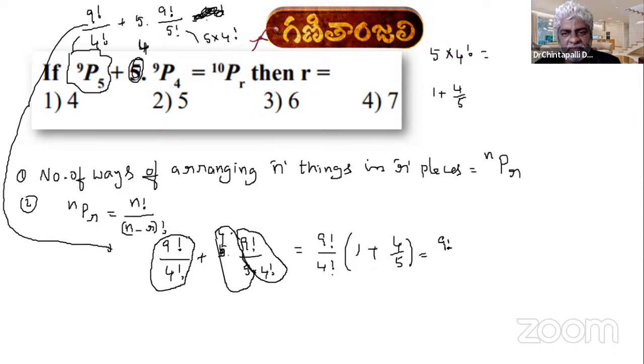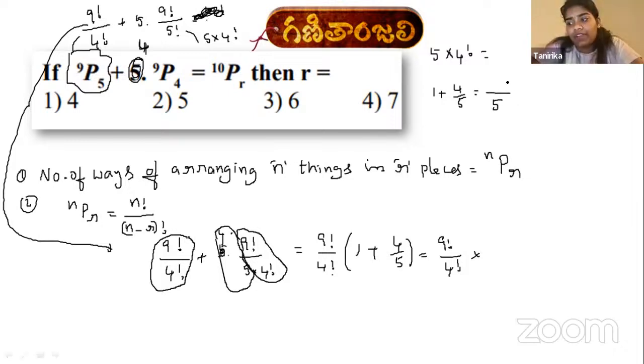9 factorial by 4 factorial. What is the simplified form of 1 plus 4 by 5? LCM 5. 5 plus 4, 9 over 5, right?